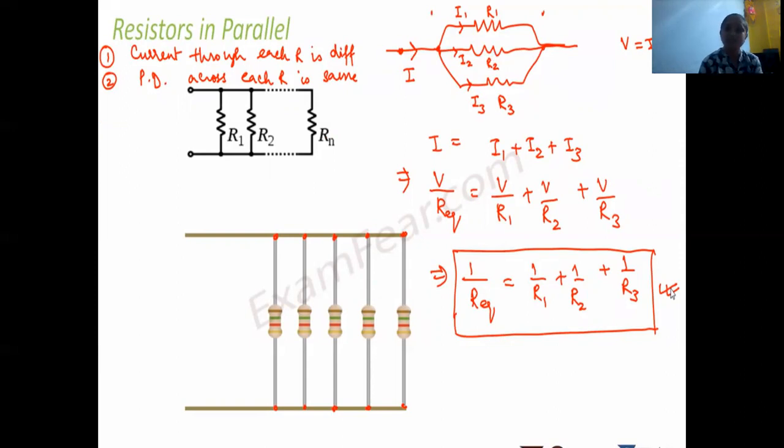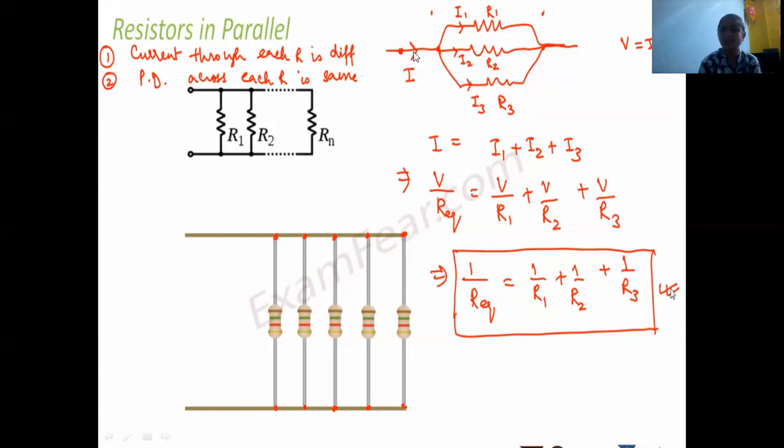To understand this, let us see here. I have already drawn the circuit diagram with three resistors, R1, R2 and R3. When the current is flowing from this end, what is happening? The current is not flowing directly in this way. The current is divided into three parts.